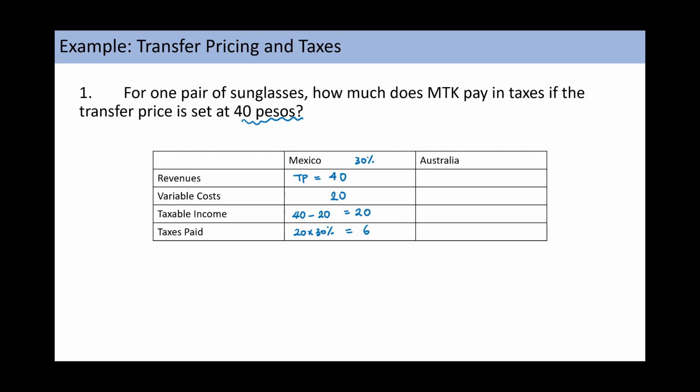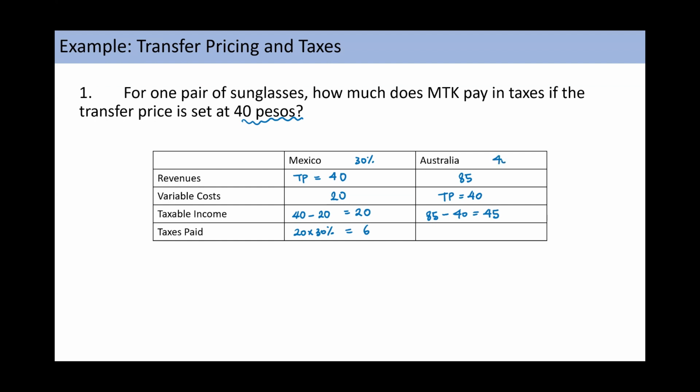Now let's go over to the Australian office. The Australian office will sell each pair of sunglasses for 85 Australian dollars. And their variable costs will be equal to the transfer price of 40 Australian dollars. Their taxable income, therefore, is 85 minus 40, that's 45.